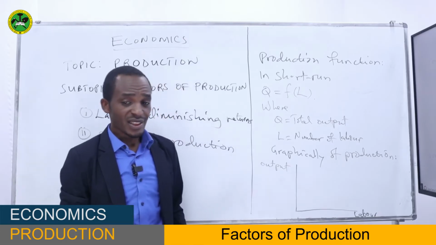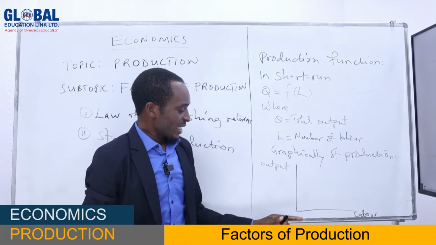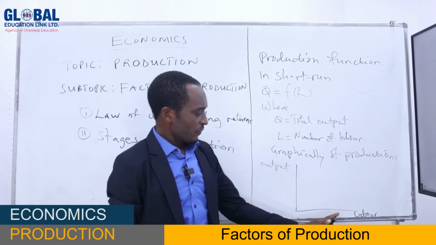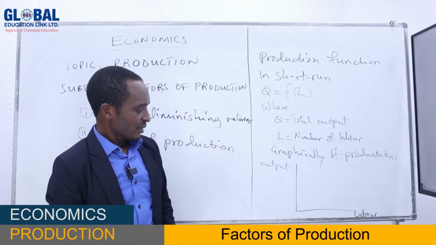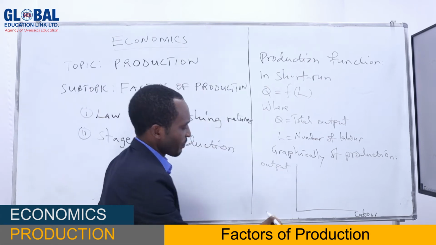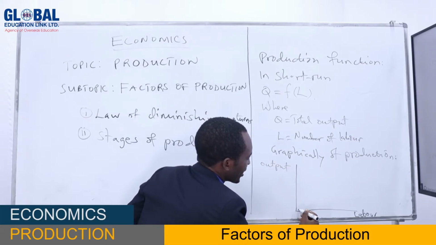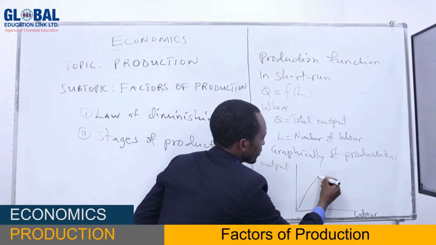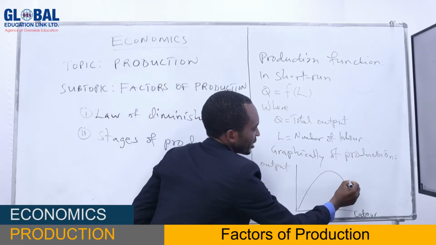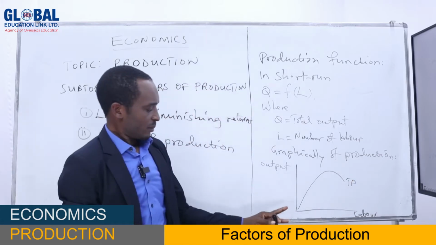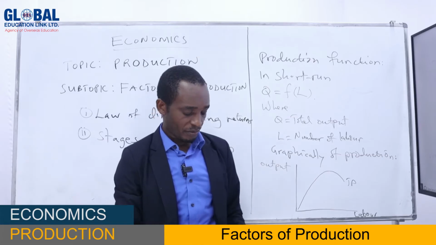Okay. Now we know that in the short run, as we employ a unit of labor, the output is increasing. So as I employ a unit of labor, the output will start to increase, then will reach a maximum point, then will start to diminish. So this is the graph of the total product.